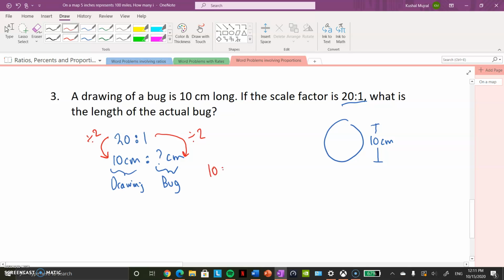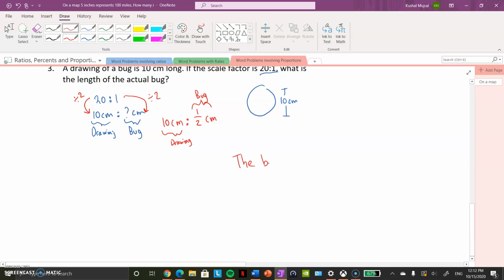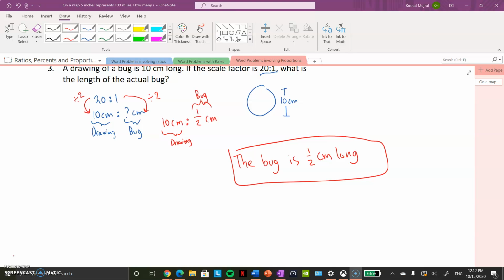So 10 cm is 1 over 2 cm. So this is the drawing, and this is the bug. So our word answer would be the bug is 1/2 centimeters long. Okay, that's our answer. And that's word problems involving proportions.